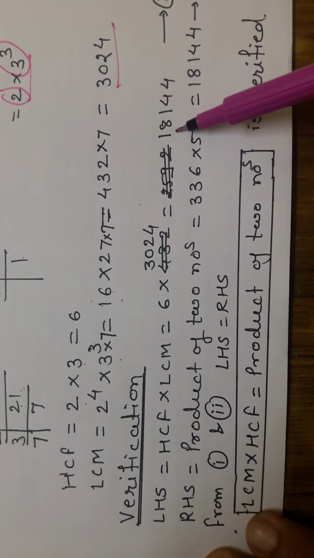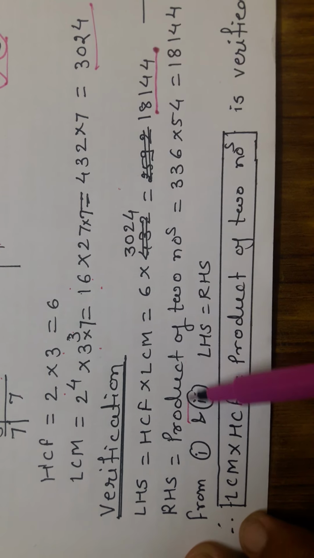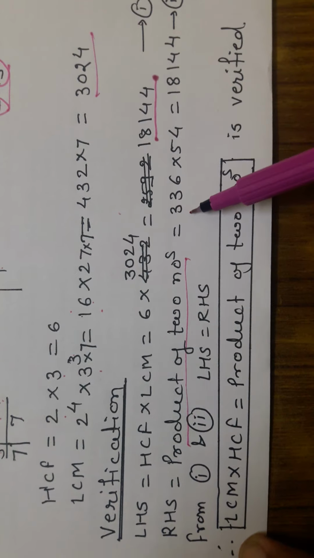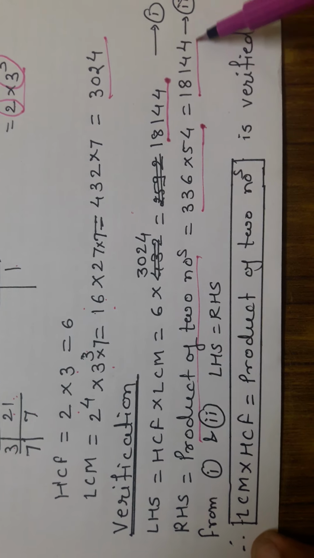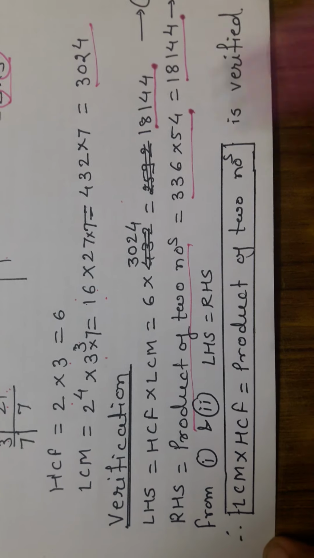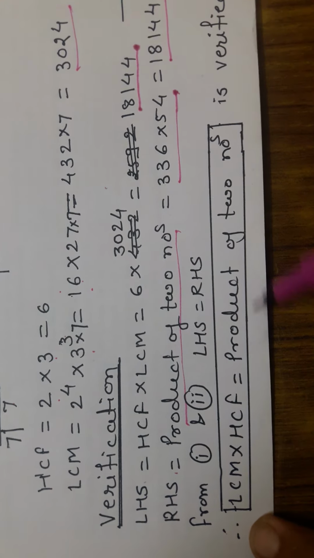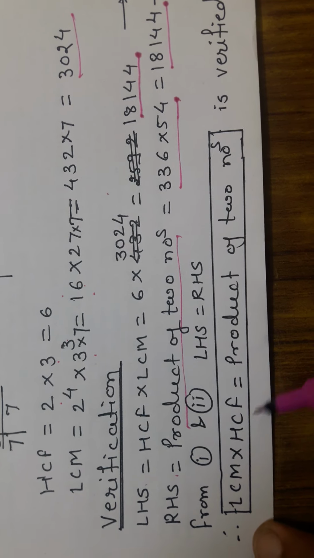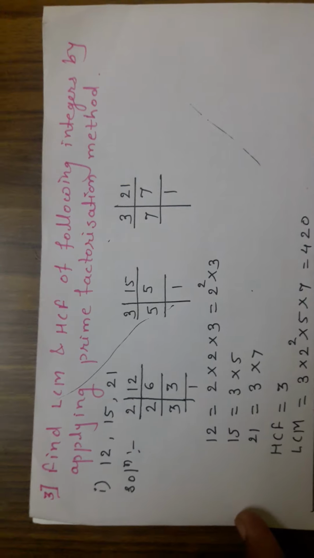We get 18144. RHS, the product of the two numbers, is 336 into 54, which is nothing but 18144. Therefore from 1 and 2, LHS is equal to RHS. That's why LCM into HCF is equal to the product of the two numbers is verified.